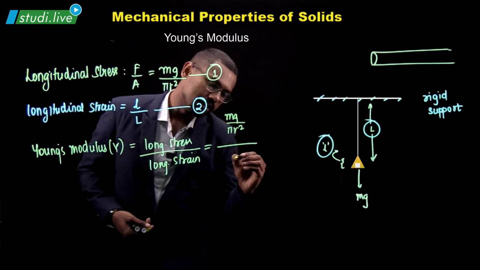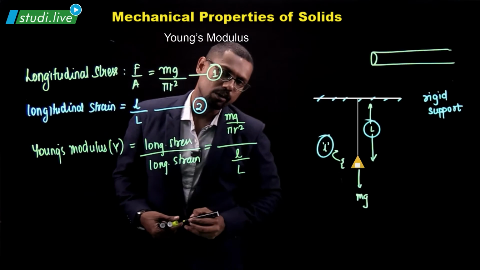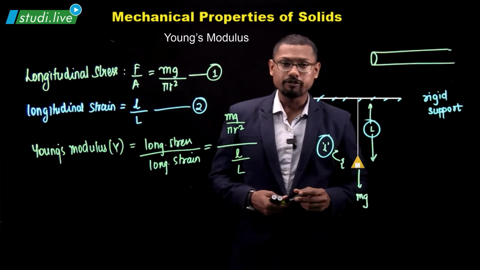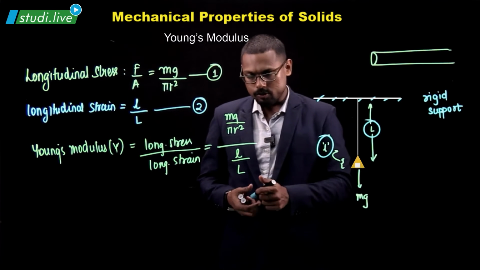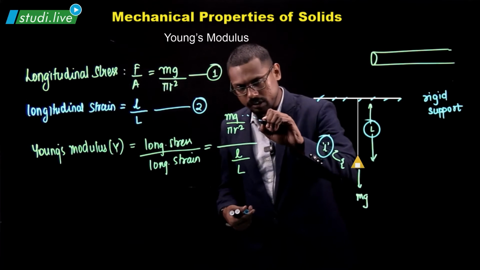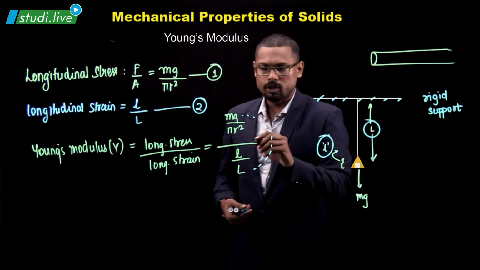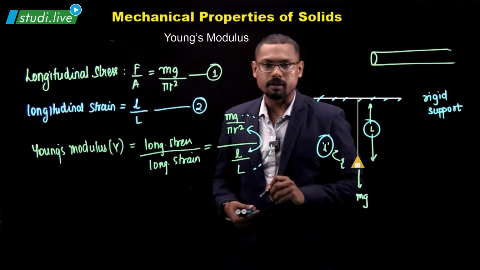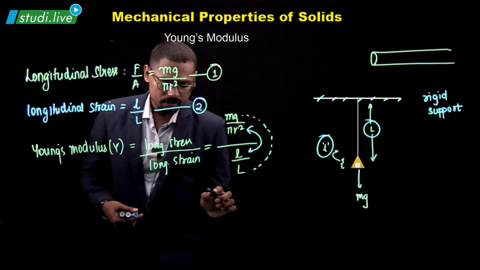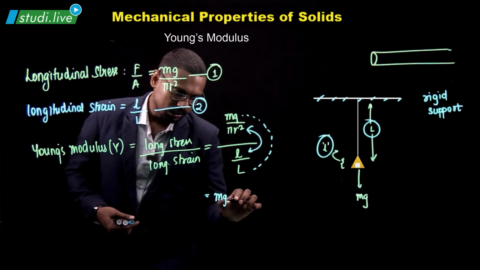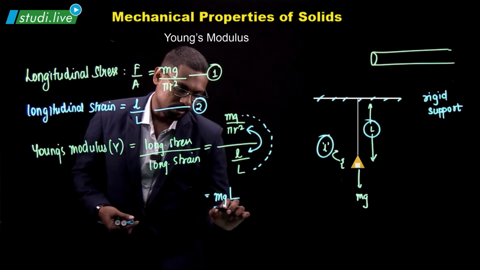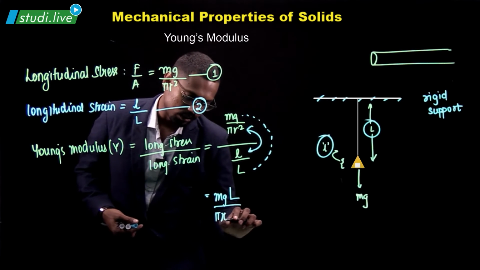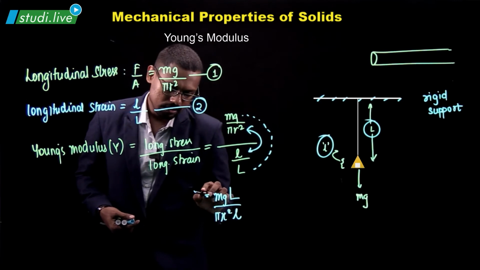Longitudinal strain is extension divided by the original length. All I have to do is divide them. So when I am dividing, the upper one has to work with the lower one, whereas the ones in the middle combine with each other. Therefore, the expression turns out as mg times the original length, divided by pi r square times the extension.